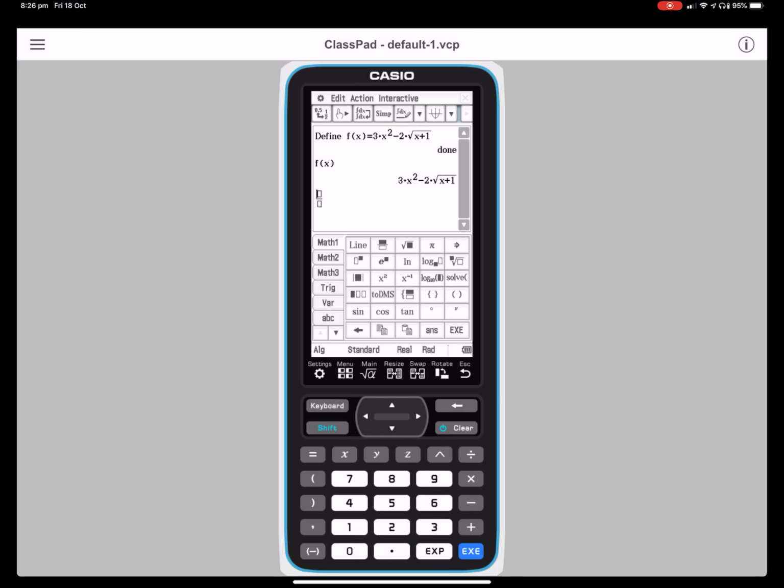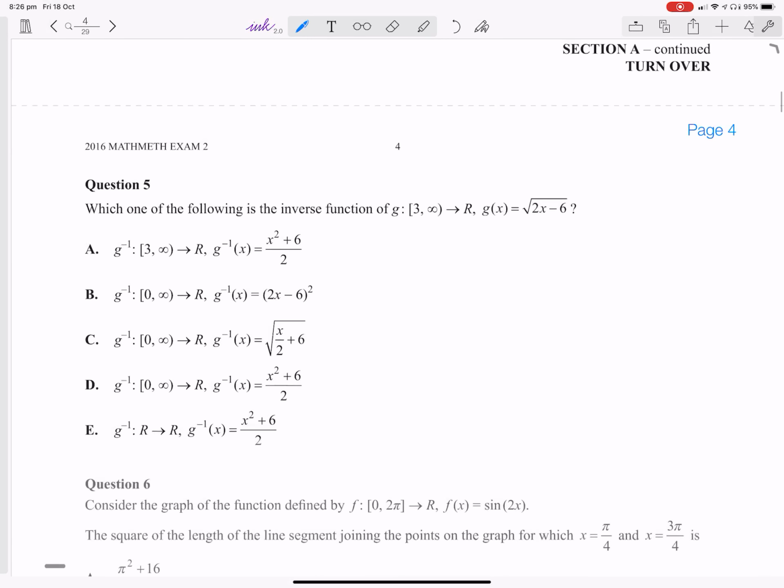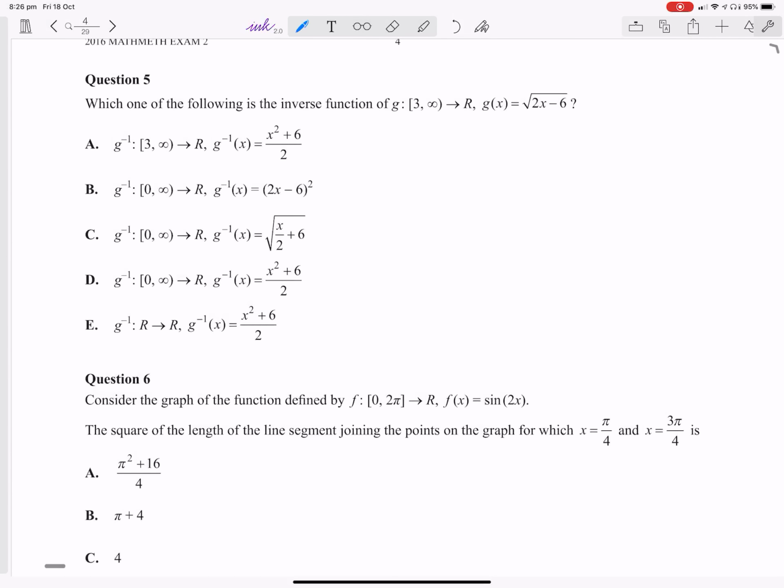Then we want f of 3, because average rate of change is just your gradient between 2 points. F of 3 minus f of 0 over 3 minus 0, 25 on 3. Nice and easy.